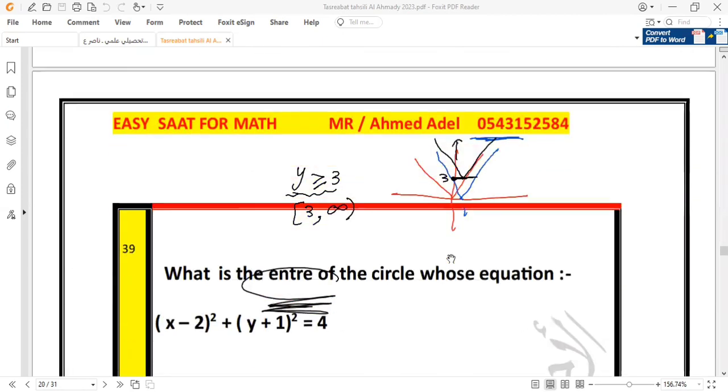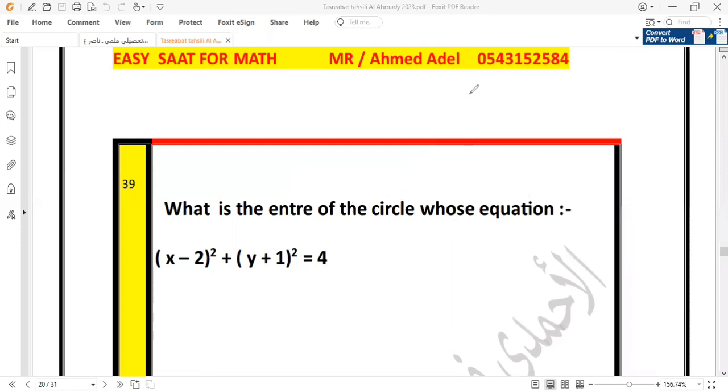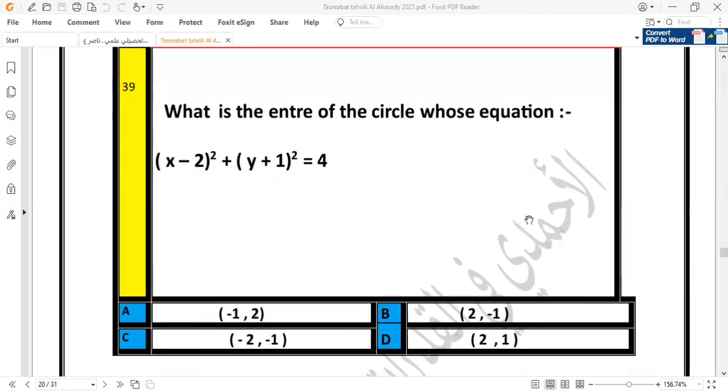Number 39. Find the center of the circle whose equation is given. Okay, here you have to know the equation of a circle. It's the equation of a circle: x minus h to the power 2 plus y minus k to the power 2 equals r squared.